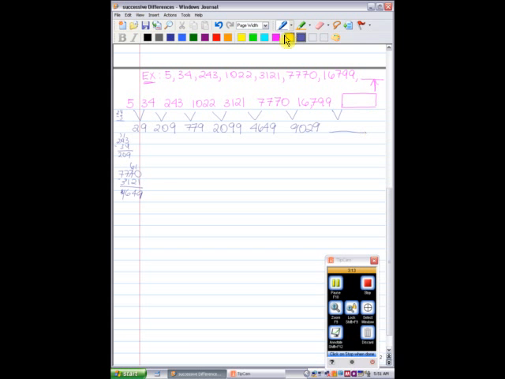We're going to keep doing this process until we get a number all the way in the bottom where we can't take any more differences. So I'm just going to even draw my little V's and take the difference from this row. Okay? So here we're going to do 209 minus 29.